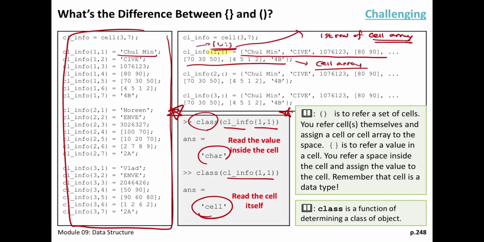That is the cell. This is very important to use this cell type. Remember that cell is a data type. Cell contains everything. But this is a parenthesis referring the cell. Curly braces is referring the value inside the cell.